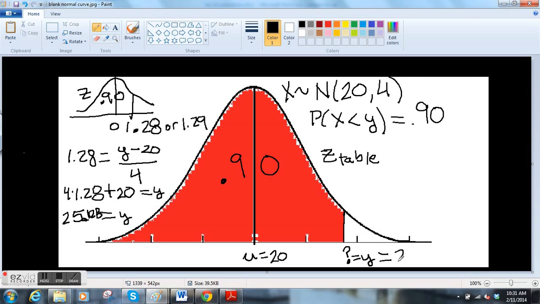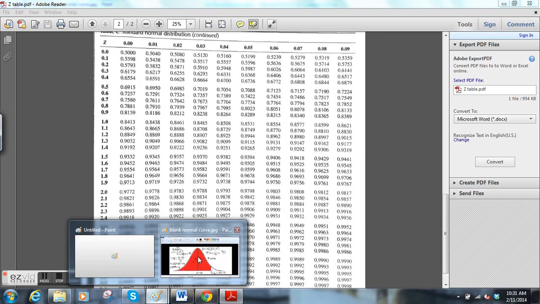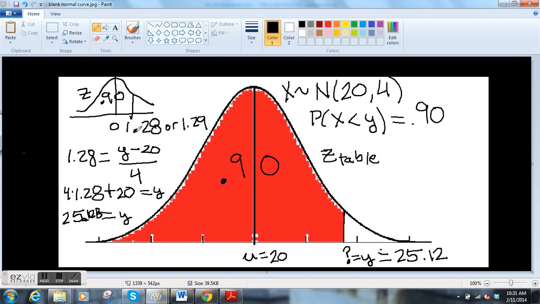So this equals approximately 25.12. And if you had done 1.29 on the z-table, which is 0.9015, which is almost 90%, you would have gotten something close. So it's not a big deal. Close enough. So again, you look up the number inside the z-table and then set that equal to your value that you're looking for, minus the mean, divided by the standard deviation.